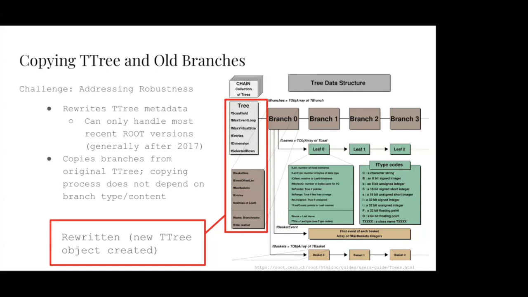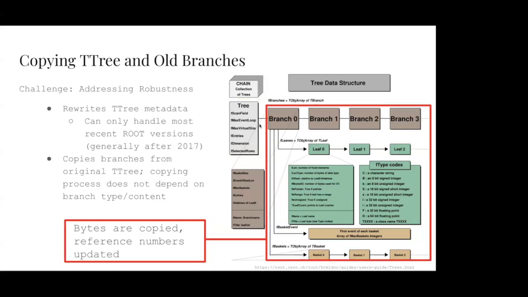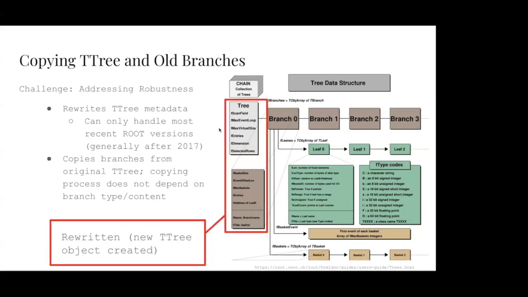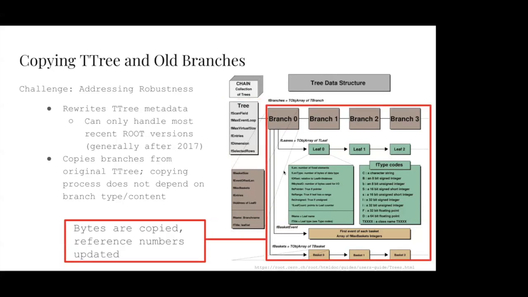But copying branches from the original t-tree directly, like copying the bytes themselves. So this is the part that's really serialized, but the rest of it is directly copied, aside from reference numbers, which I update.